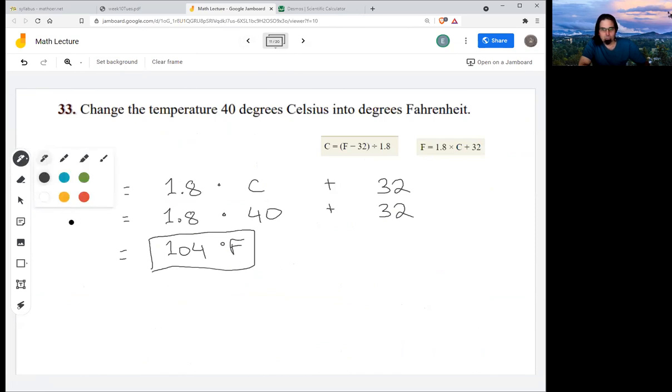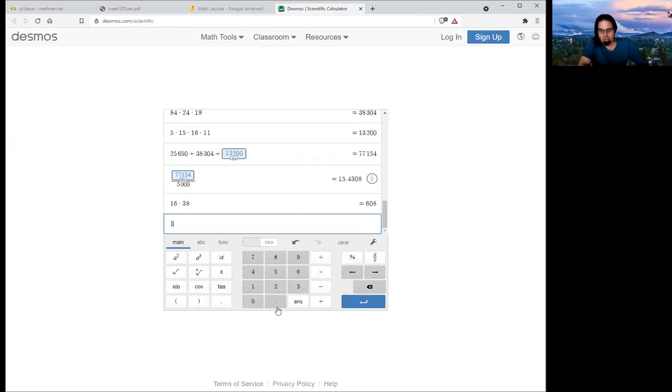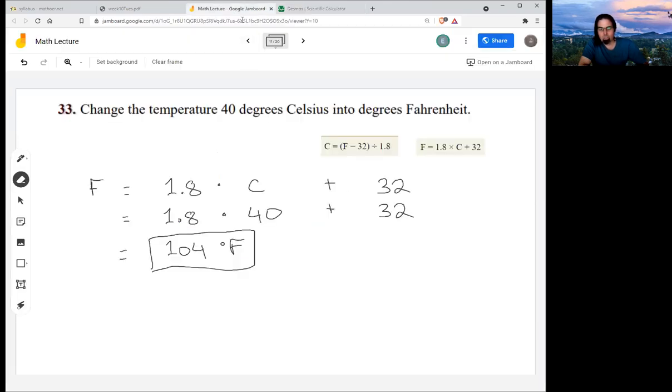Somebody will do something wrong, like, what if we changed this one? So people added the 40 and the 32 first and did 1.8 times 72 and got 129.6.